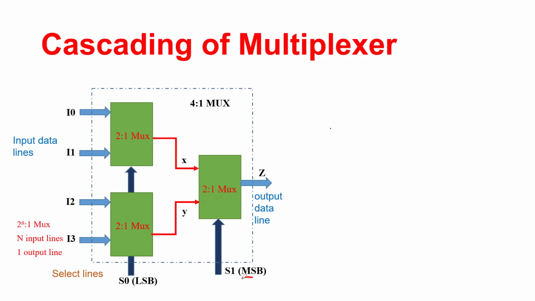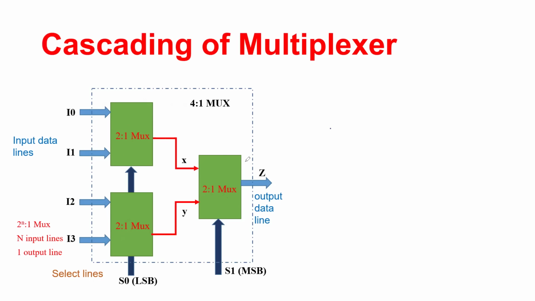So S1 is the most significant bit and S0 is the least significant bit. We will get to know this when we have the truth table of this complete 4:1 MUX, and we'll understand how this multiplexer will perform as a 4:1 MUX. So we'll see that in the form of a truth table.